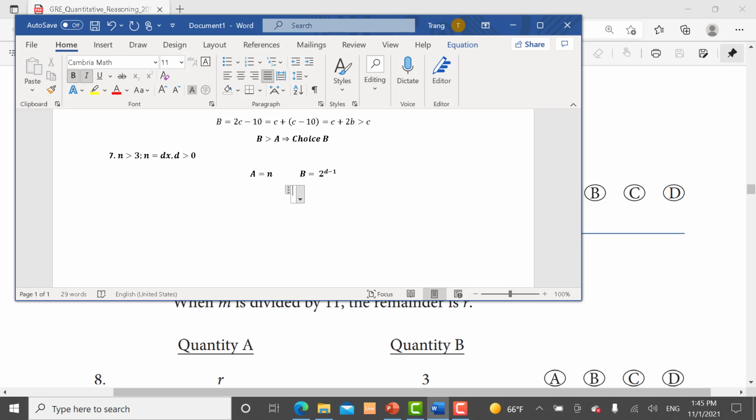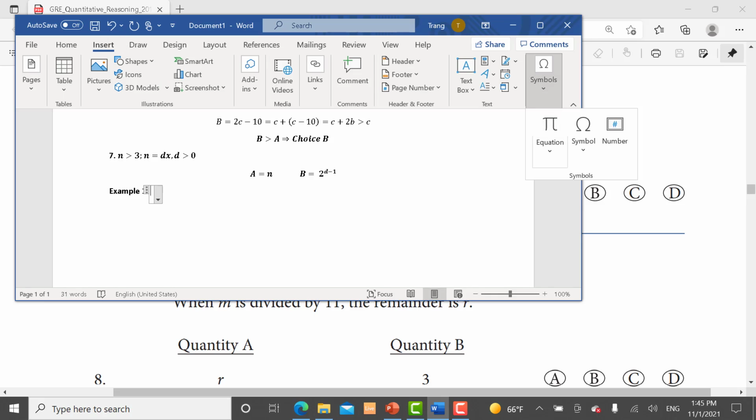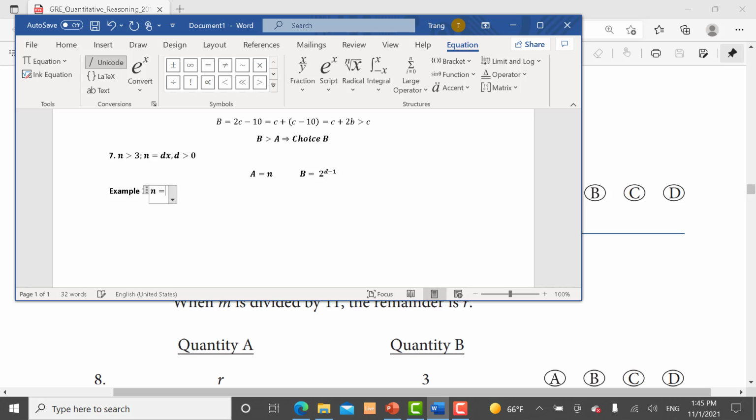So let's say I'm going to give an example. Example 1. Let's say n is an integer that is greater than 3. So I'm going to use 4. And d is a positive divisor.